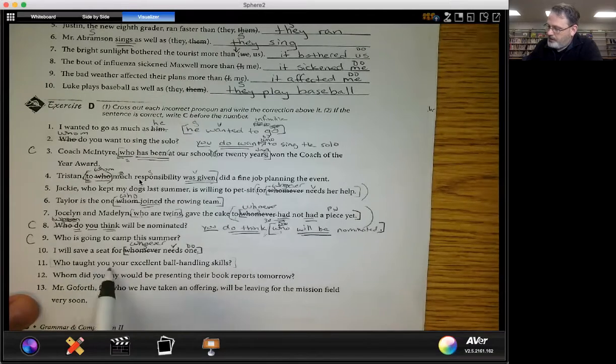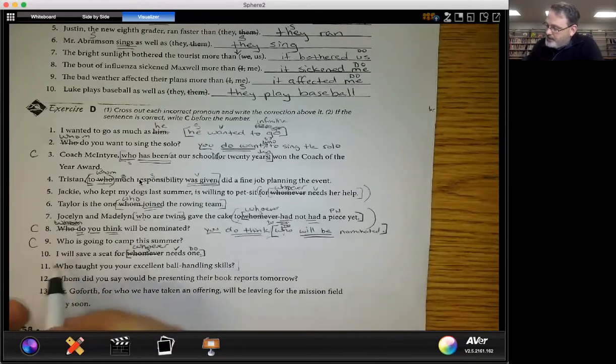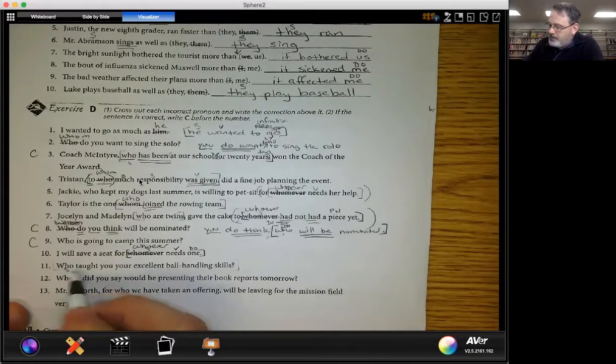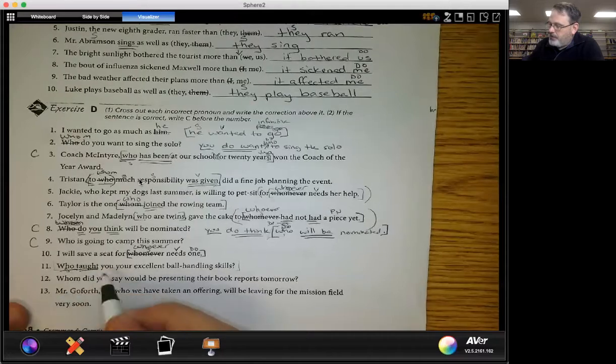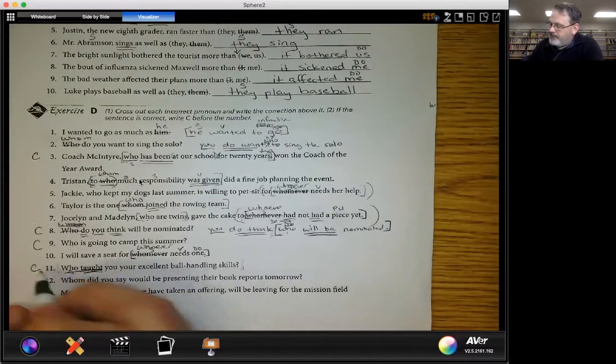Who taught you? Yeah, okay. I almost second guessed myself. Who taught you? That's the subject. That's the verb. So subject, verb. Who is nominative case. That's correct.